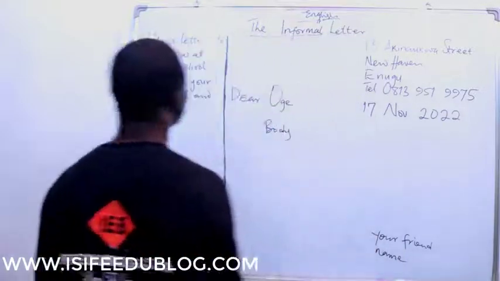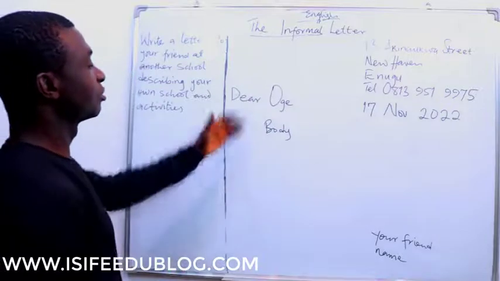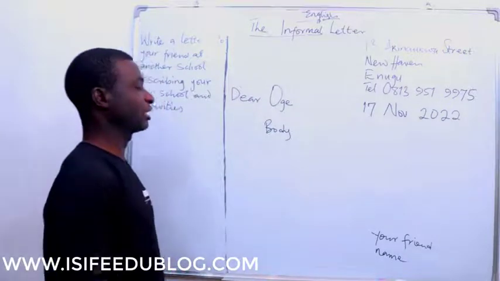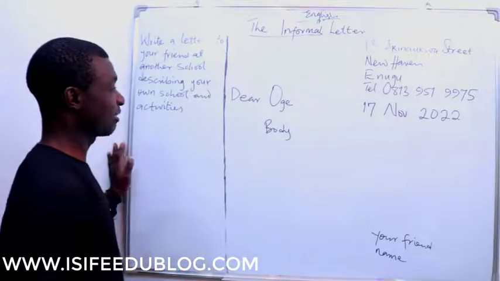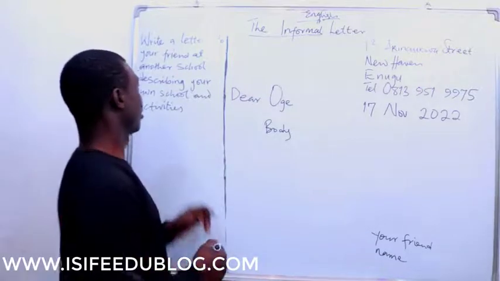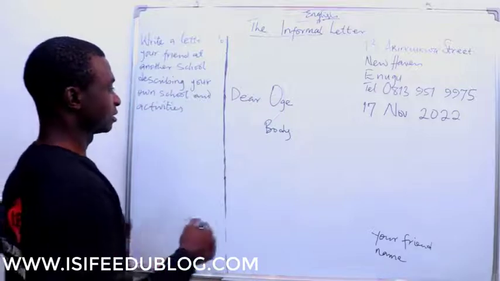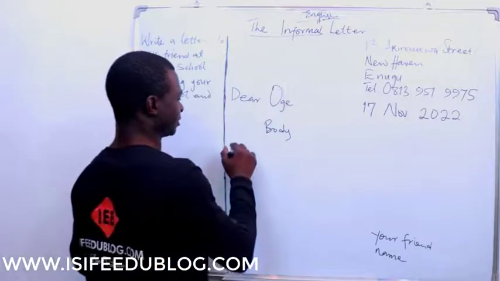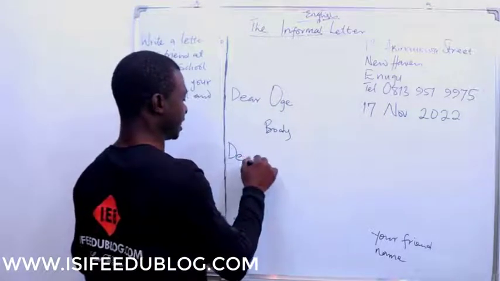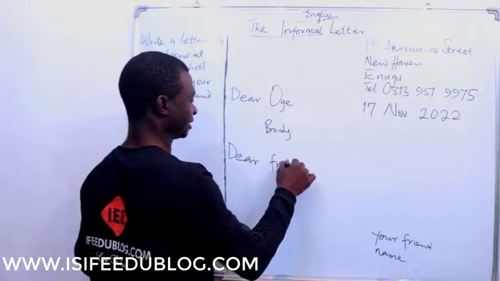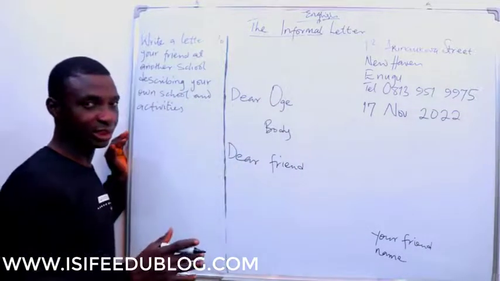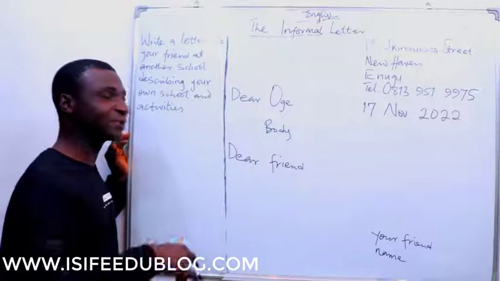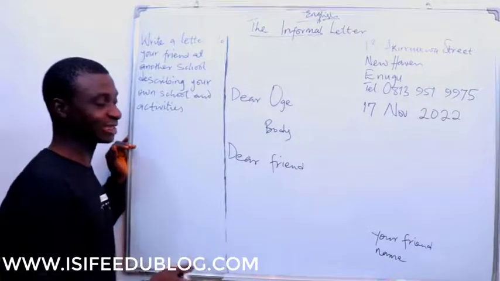Now, we come to the left side of the page where we have our salutation. We are writing to our friend, but it is still not okay to say, dear friend. I have written, dear Oge, because I have to be precise on which of my friends I'm talking about.